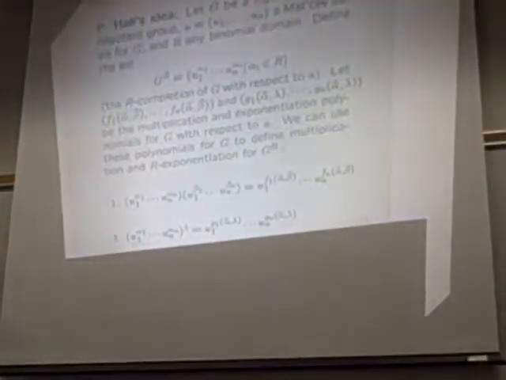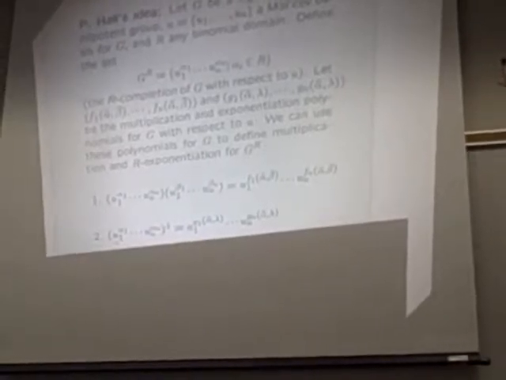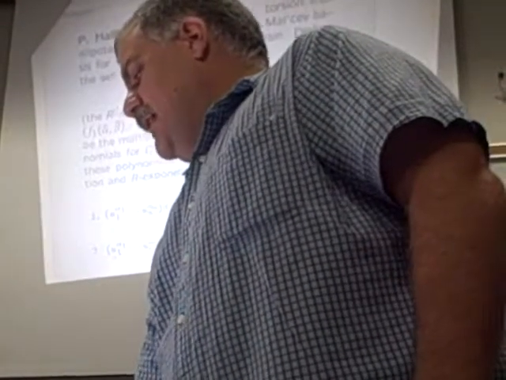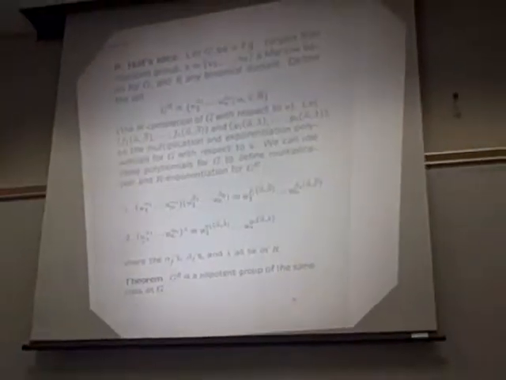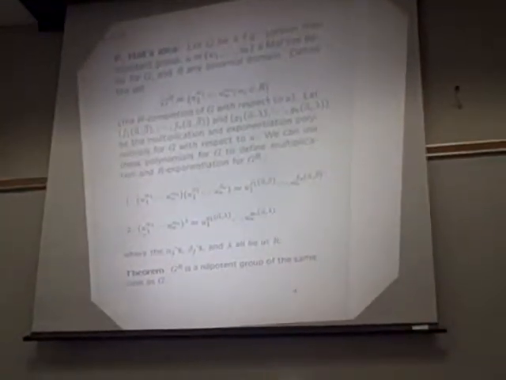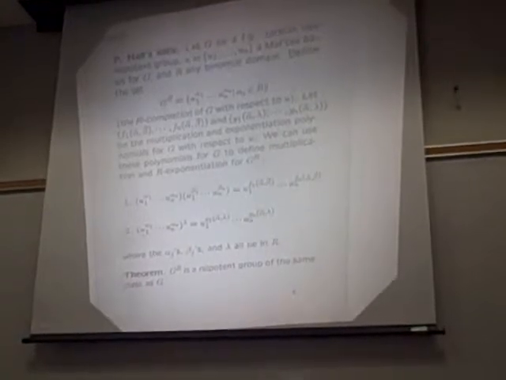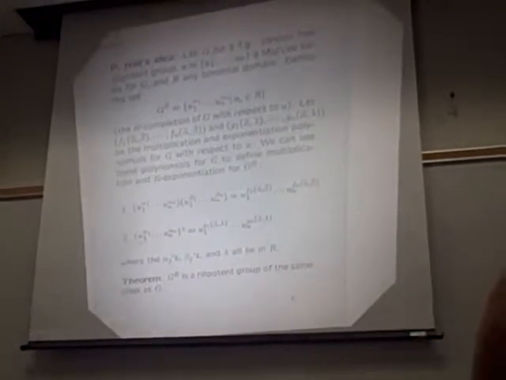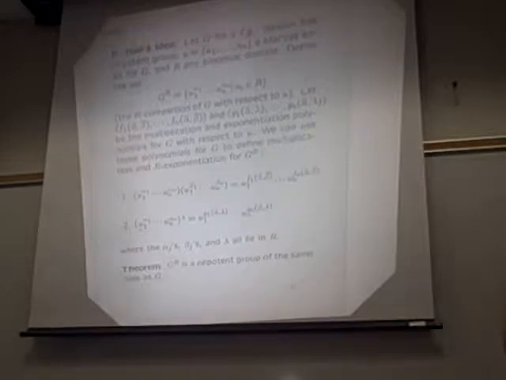And with these polynomial functions, as before, we can talk about these relationships 1 and 2. So we have the same idea as before, but now, as I said, the alphas, the betas, and lambda all lie in R. It turns out after sweating it out a little bit and using a result of field theory, one can show that G^R, or the completion of G, is actually a group, all right?